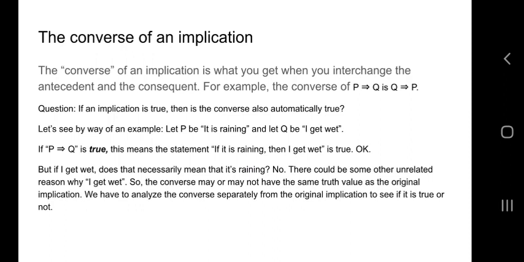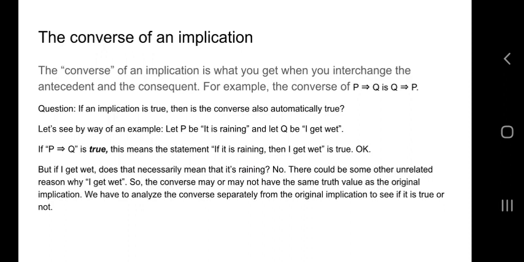We talked about this on the last slide, but here's a question. If an implication is true, in other words, if some formula like P implies Q is true, then is the converse also automatically true? We know the answer is no, but let's see an example to show why. Let P be it is raining, and let Q be I get wet. If the formula P implies Q is true, this means that if it's raining, then I'll get wet is true.